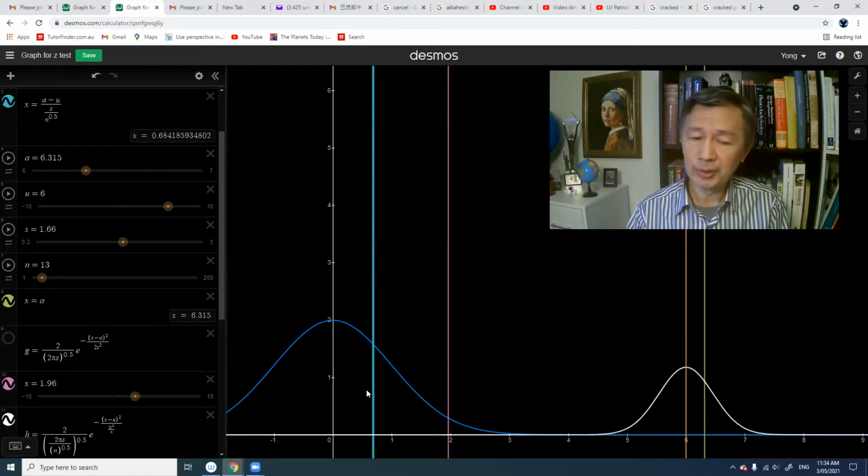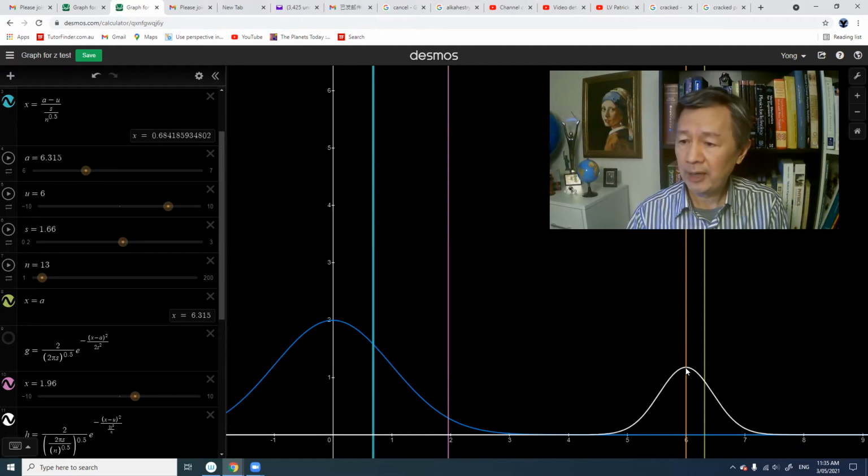According to the central limit theorem, the distribution of the sample mean will gradually approach the normal distribution as the sample size increases to infinity. That is the well-known central limit theorem.